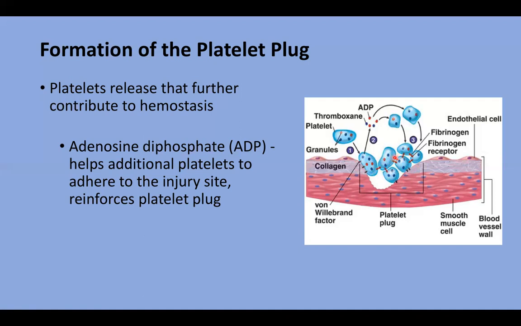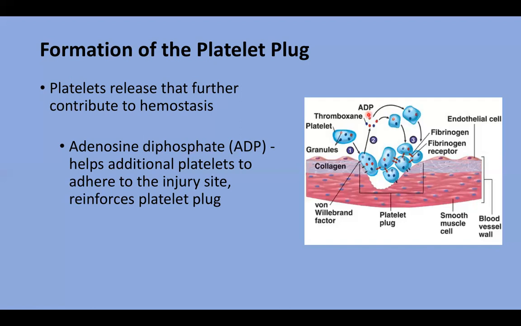One of the chemicals that the activated platelets are going to release is ADP, and we've talked about ADP before, but it was always in the case of ATP and ADP, or some sort of energy providing chemical in the cell. Well, in this case, it's the same thing.